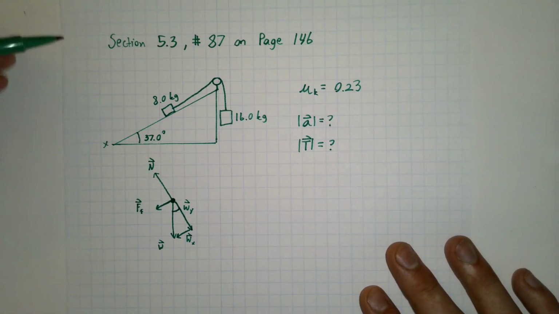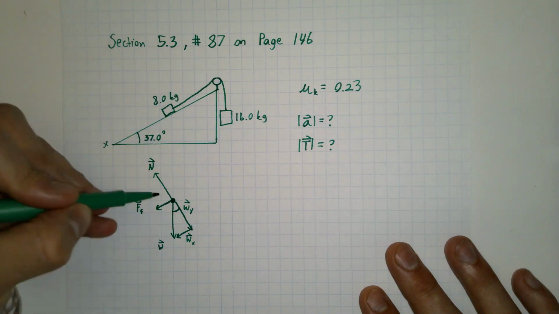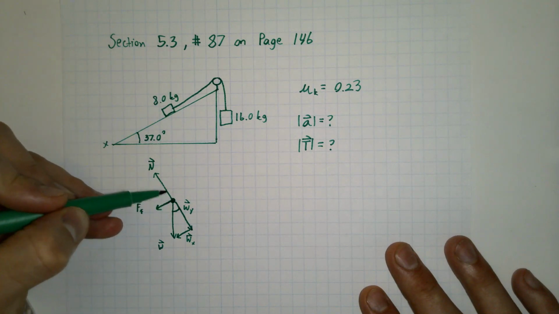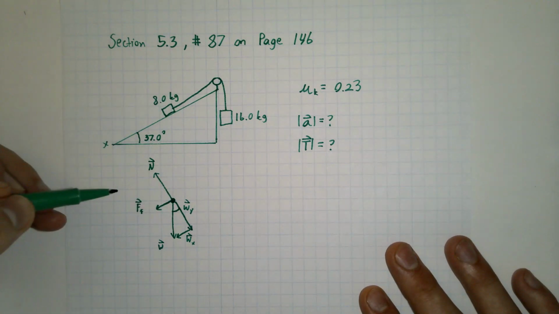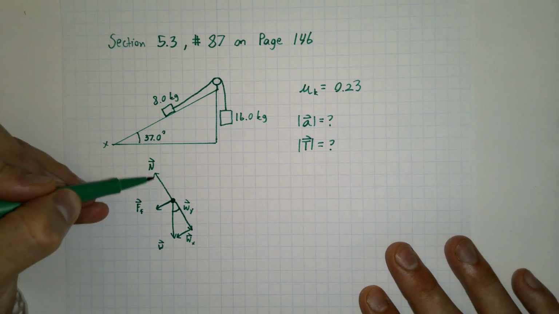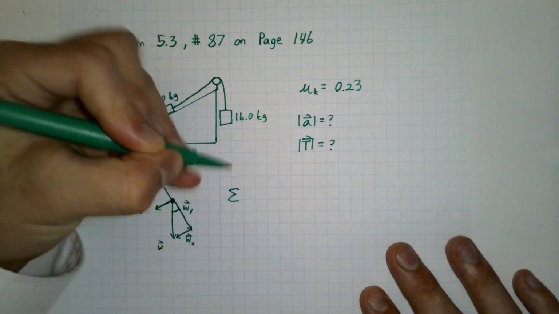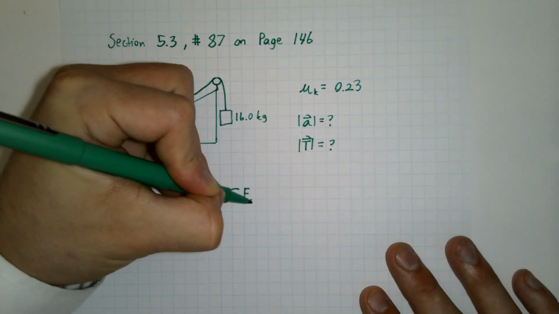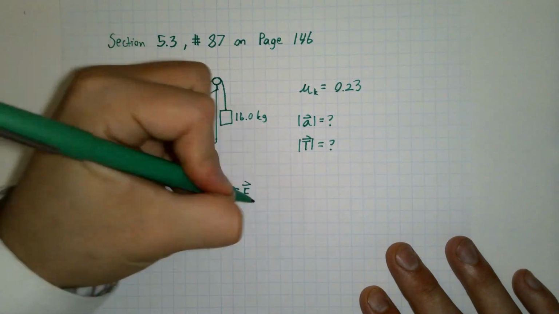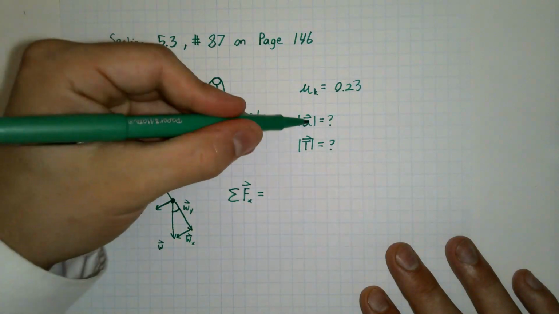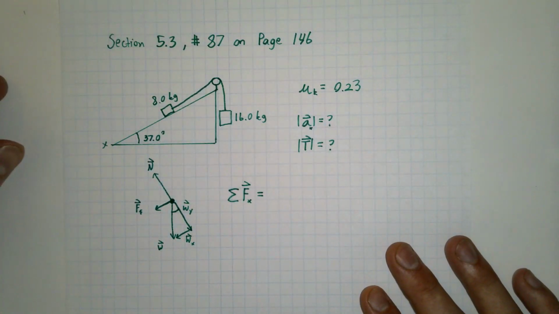All right, let's look at the forces that are acting on the system now that we have these identified as frictional force acting on the block, which we need to show the normal force because that ties into our frictional force. We're looking in particular here at the forces acting in the x direction, and that is what is causing our acceleration in the x direction now that we've tilted our axes.